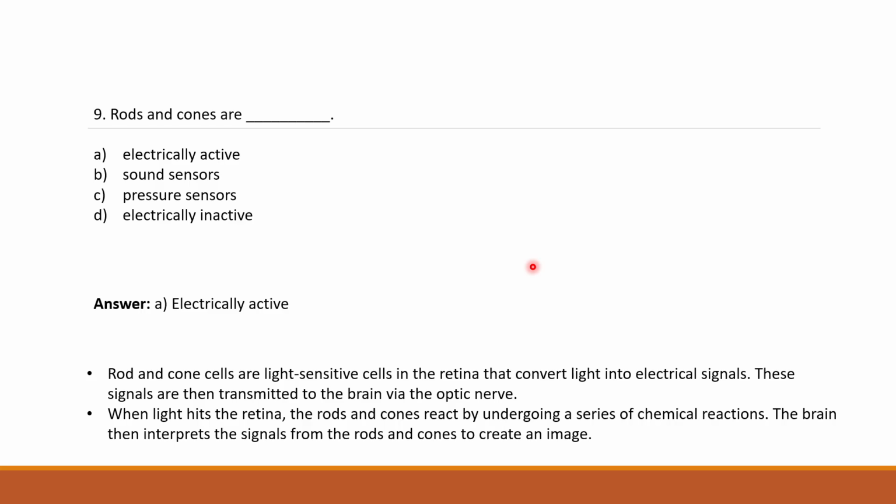Next to your rods and cones, that fovea region and extrafovea region, is your optic nerve. So the signals from your rods and cones are sent to your optic nerve, which will then send signals to your brain, and then your brain will process the electrical signals and project an image in your brain.